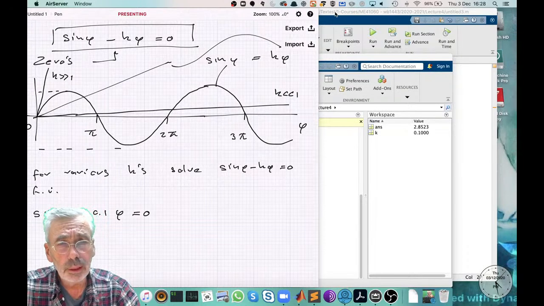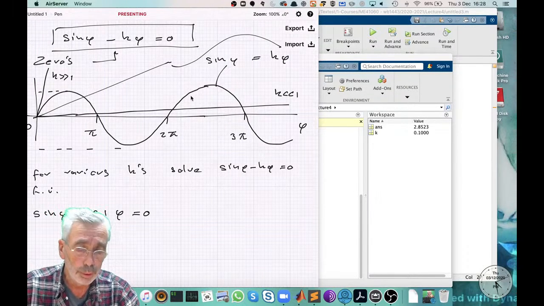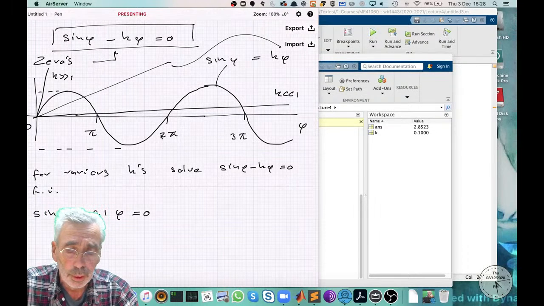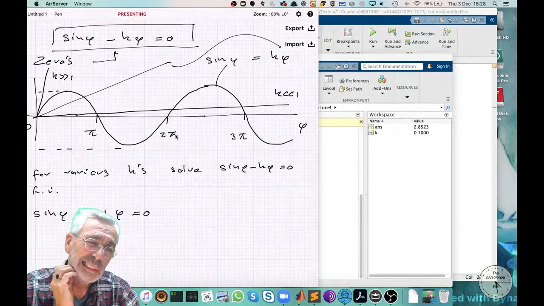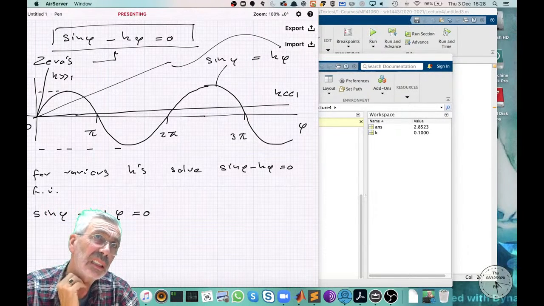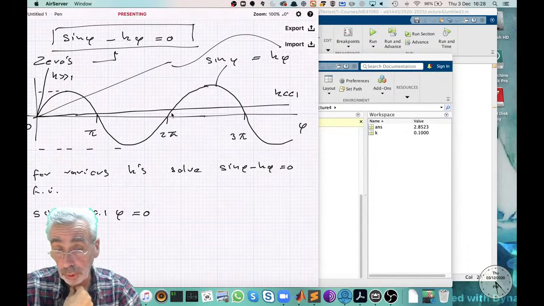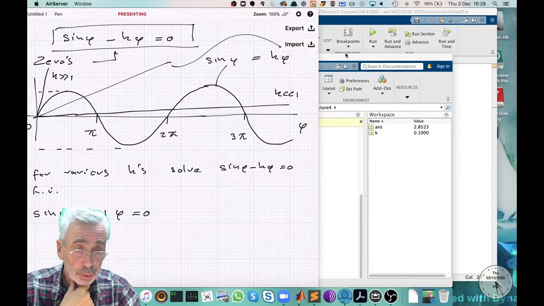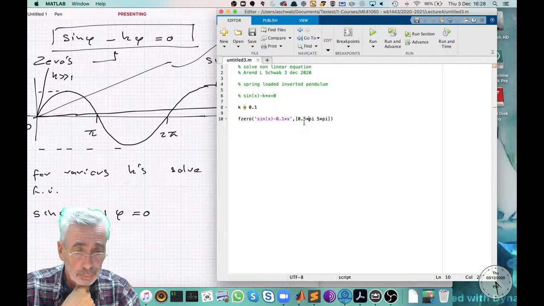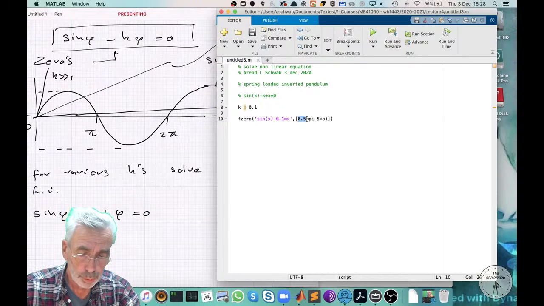Well, we can easily check that, because if we put in 2 pi and it goes above 1, then there's probably no solution anymore. So 2 pi is something with 6, right? And then times 0.1, oh yeah, that's 0.6. So maybe there are more solutions between 2 pi and 3 pi, something like that.